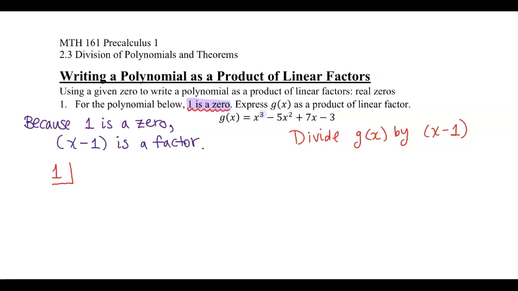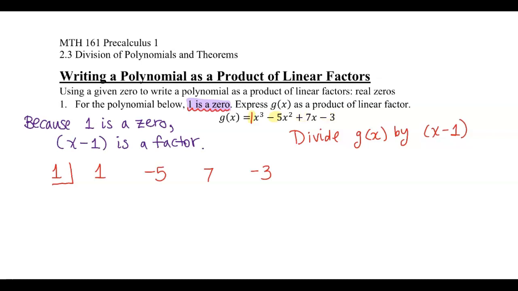And I'll put the coefficients outside. 1 for the leading coefficient. Next coefficient is negative 5. Next is positive 7. And the constant is negative 3. If you're wondering where she is getting those numbers from, make sure you come back after watching the synthetic division video. I'm getting these numbers from the coefficients.